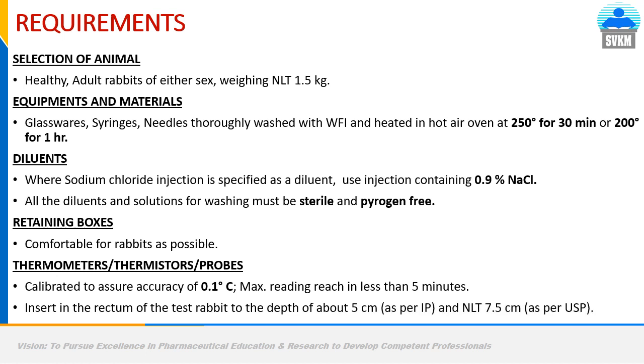We have to insert these instruments in the rectum of the test rabbits to a depth of about 5 cm as per Indian Pharmacopoeia and not less than 7.5 cm as per United States Pharmacopoeia.